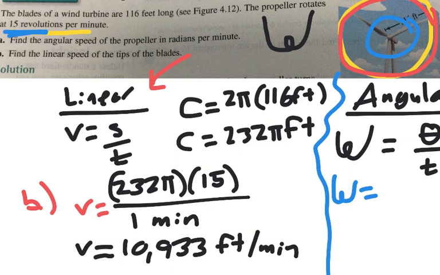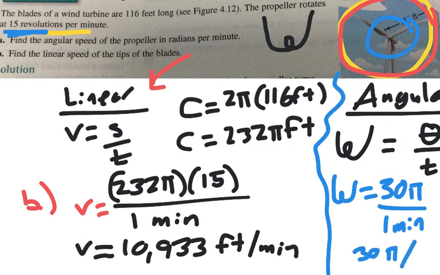So we could multiply 2 pi times 15, which would mean my theta is 30 pi, over the time it took to do that, which was 1 minute. So that would be 30 pi over 1 minute, so 30 pi a minute. And again, that's talking about radians. So it did 30 pi radians every minute.